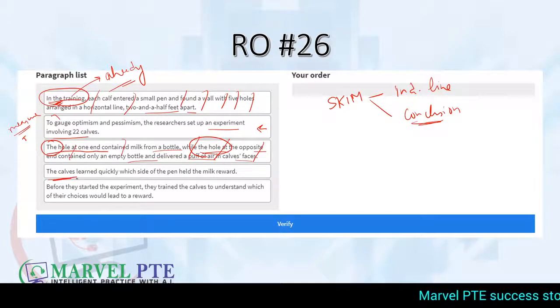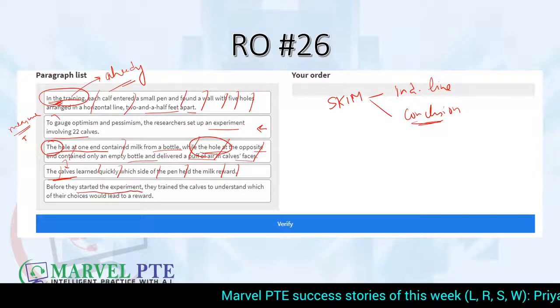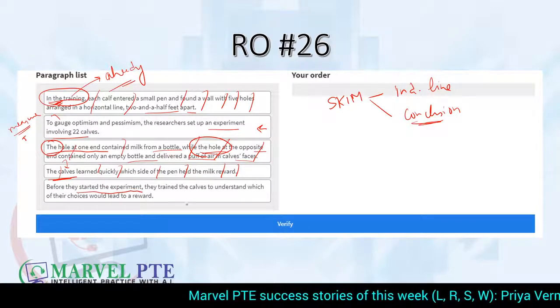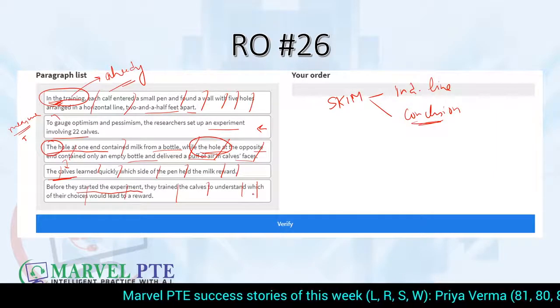The calves, again the calves would be mentioned somewhere, so it can't be your independent line. Before they started the experiment, obviously if they are talking about some experiment, it would have been told before, so it cannot be an independent line.